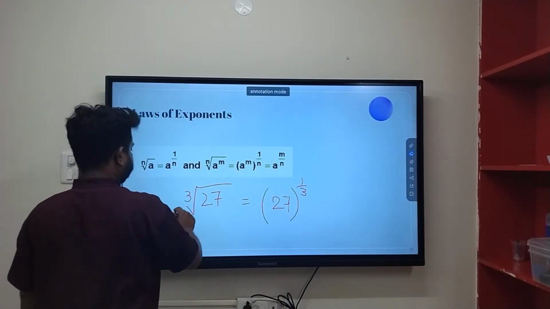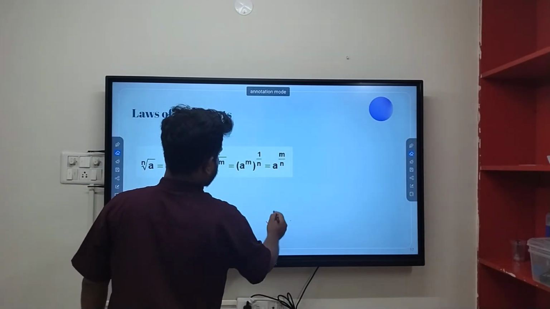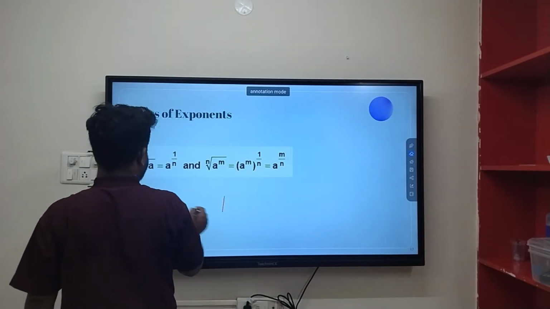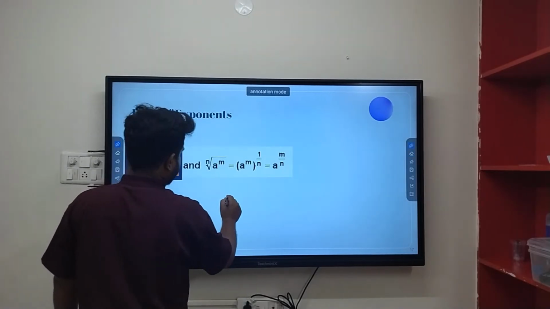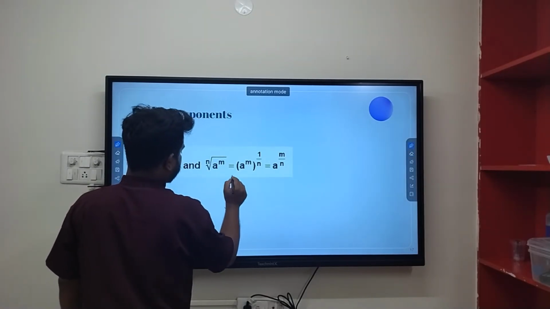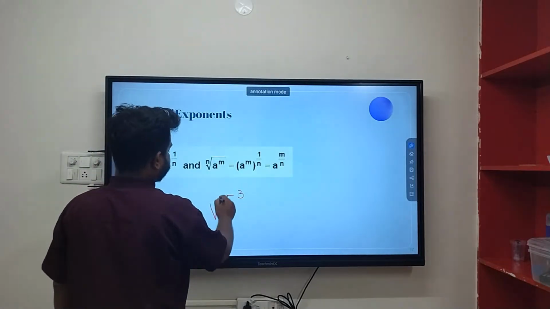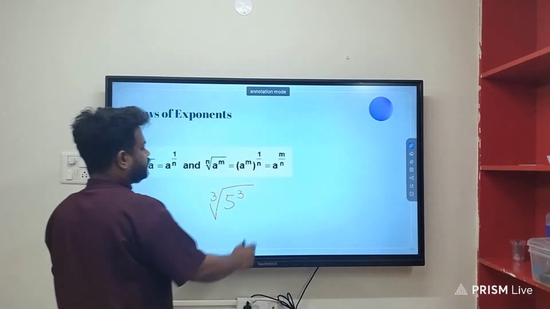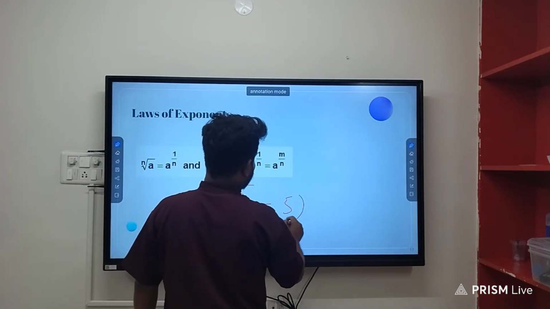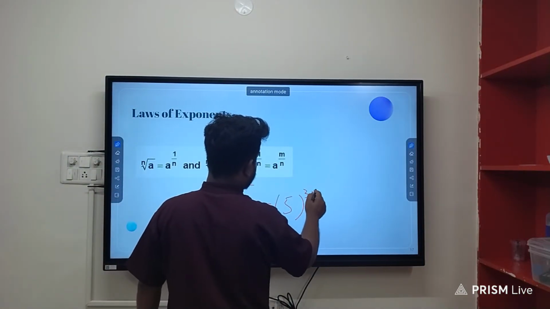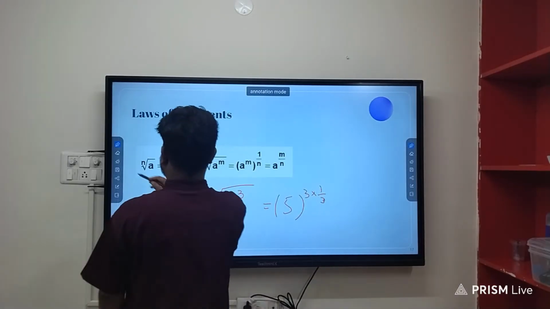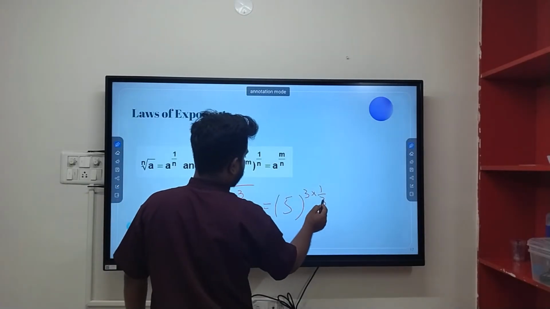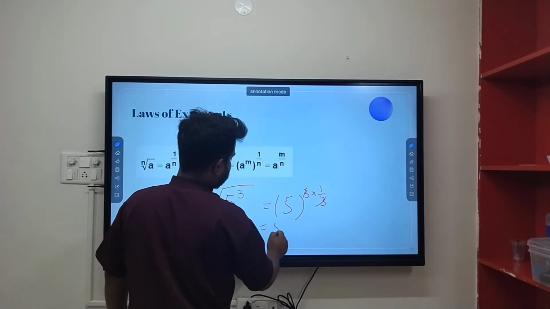Okay, the same goes for this. If I write 5 to the power cube and take the cube root of that number, the answer will be 5 to the power cube multiplied by 1 by 3. The 3 and 3 get eliminated and the answer will be 5.